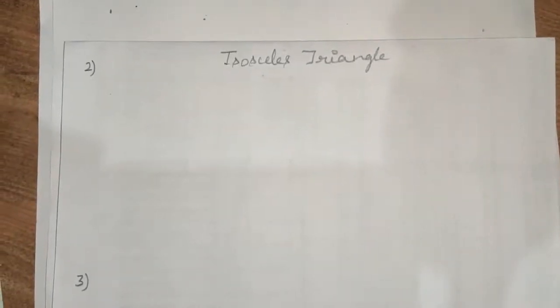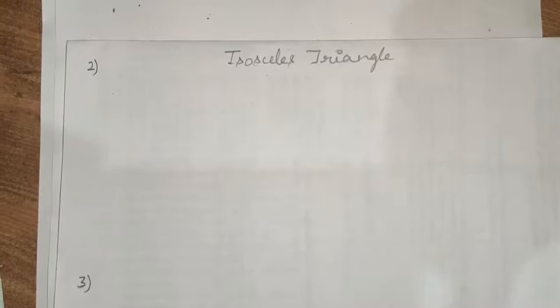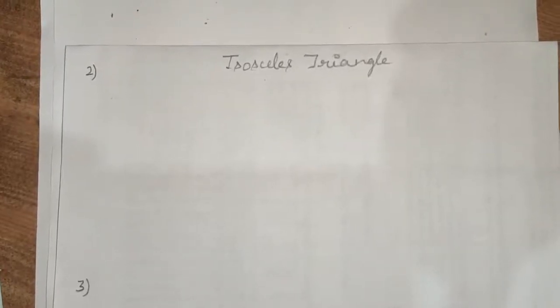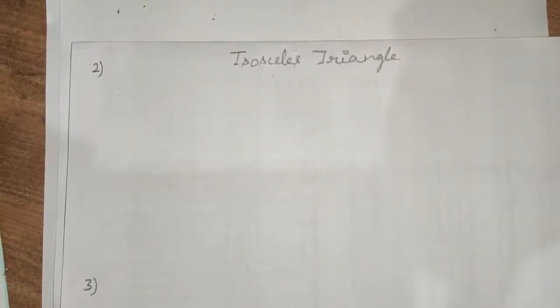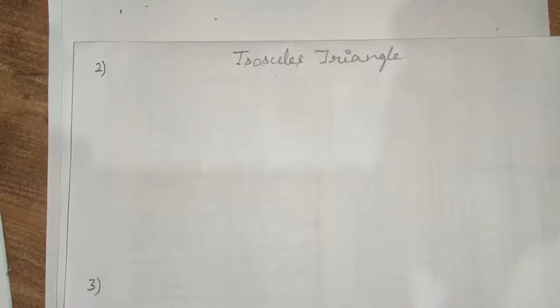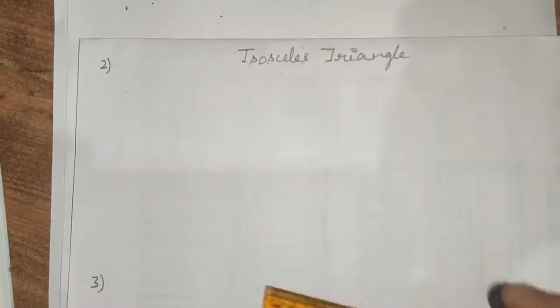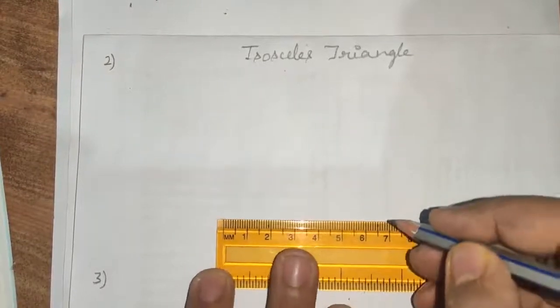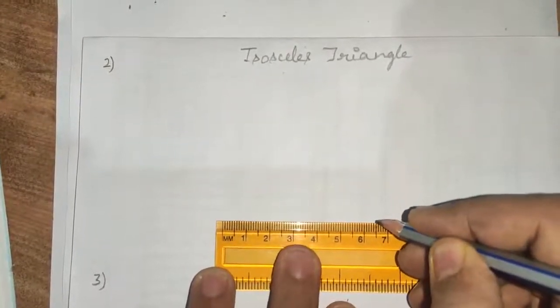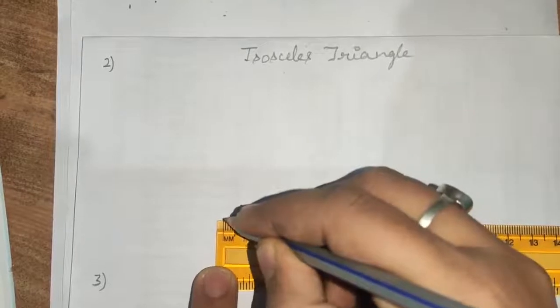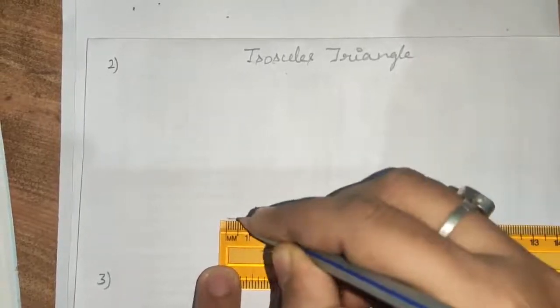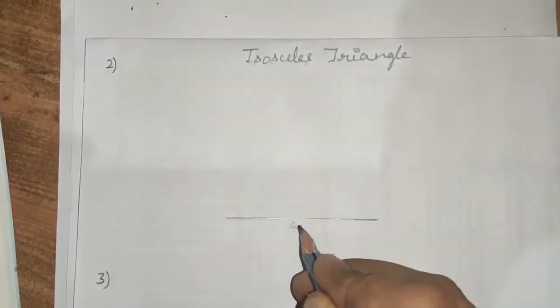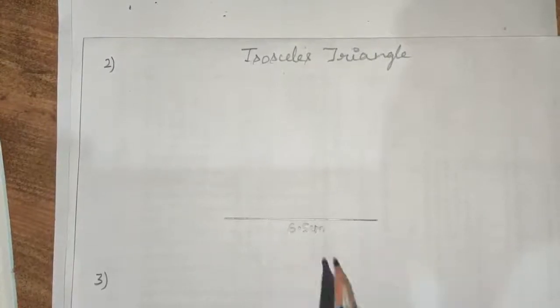Now this is the isosceles triangle that we are going to draw. It is given, you know that in an isosceles triangle two sides are equal and these equal sides are 6.5 centimeter and the angle between these two equal sides is 110. So first of all we will draw a line which is 6.5 centimeter long. So this is the line 6.5 centimeter long. Now we will write 6.5 centimeter.